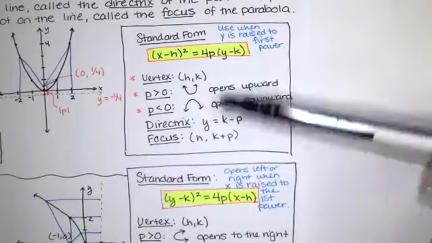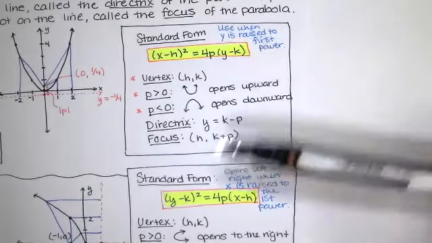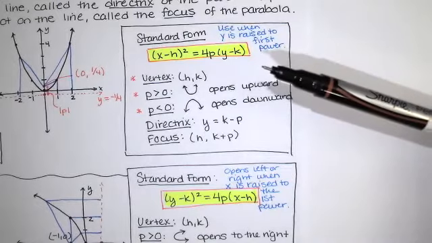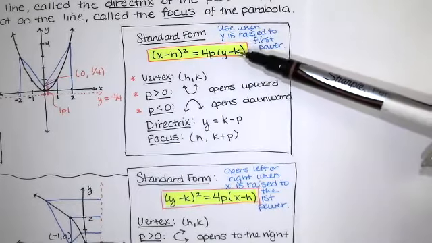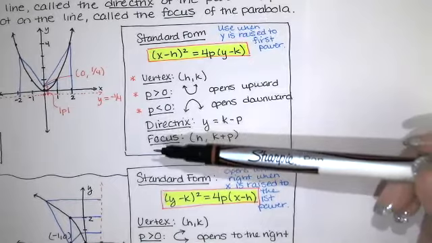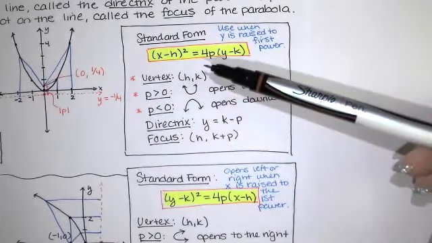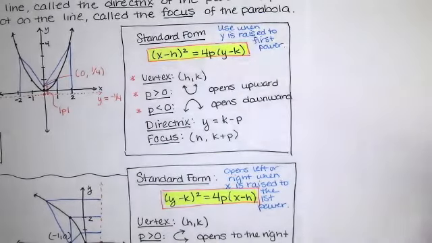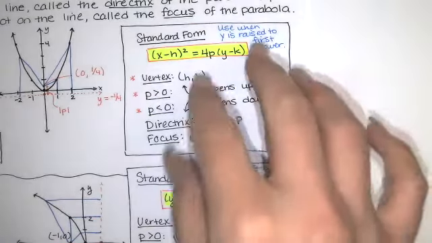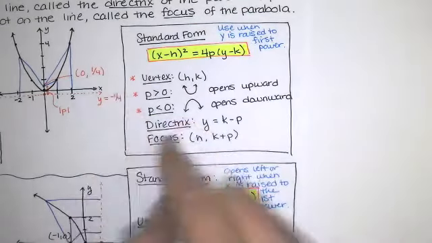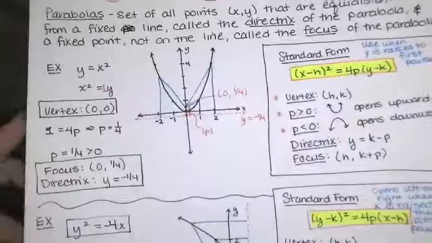You're given some information, and then you're asked to write the equation of the parabola, and then sketch it. So I can either give you the equation and ask for this sketch and this information, or I can give you this information and ask for the equation and the sketch. Either one is fine. So let's do one where we're given the equation and we're asked for this information and the sketch, and then we'll do one that's the other way around.